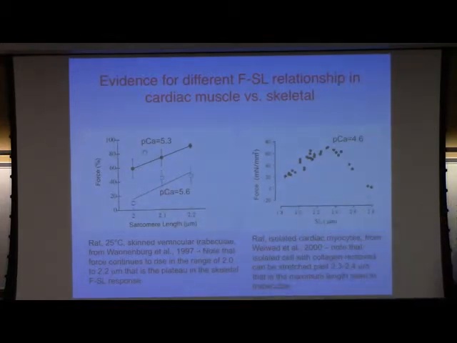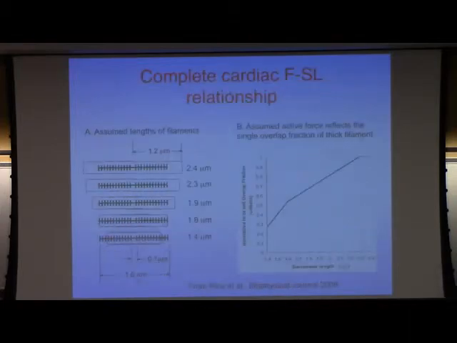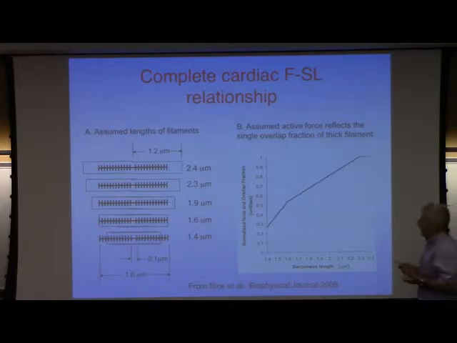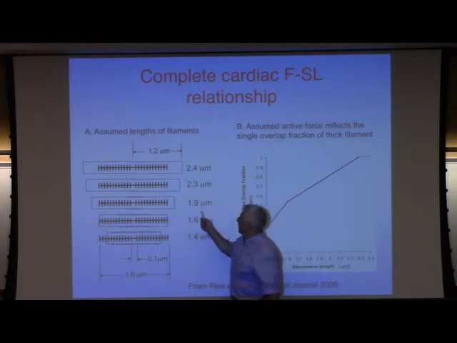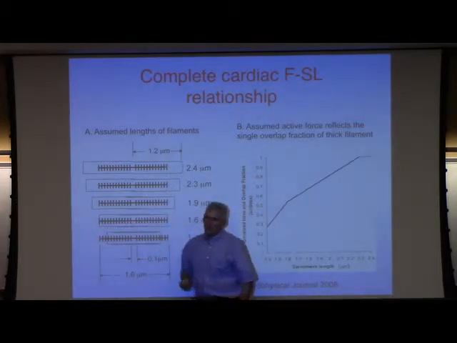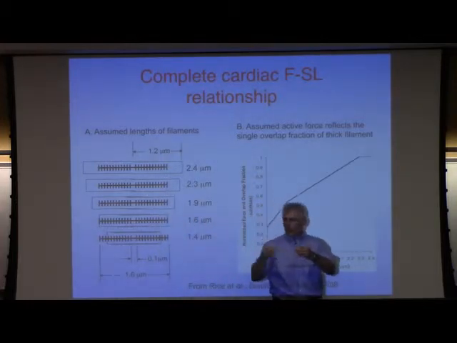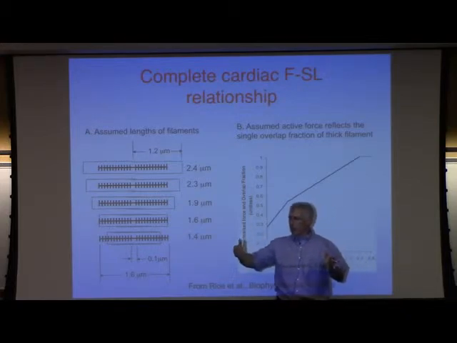This is something I proposed and published, but to be honest, nobody knows whether it's true or not, because some people haven't taken the data. Why don't they take the data? I think the problem is the thin filament length is probably more dynamically set. Remember, in skeletal you have a template that locks you into a length.